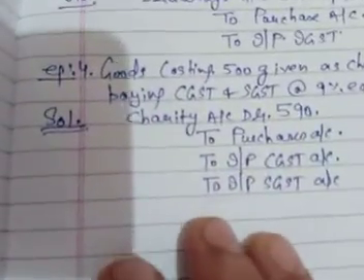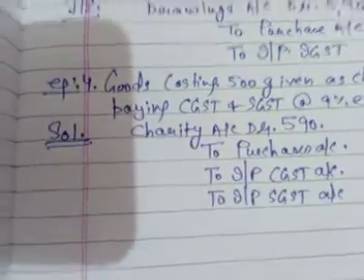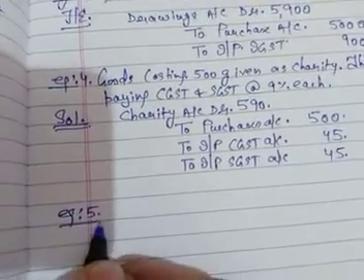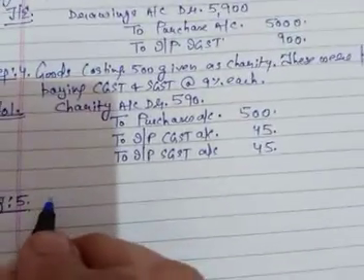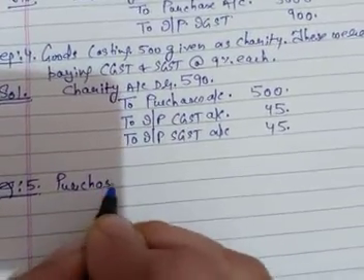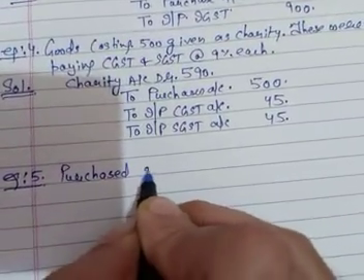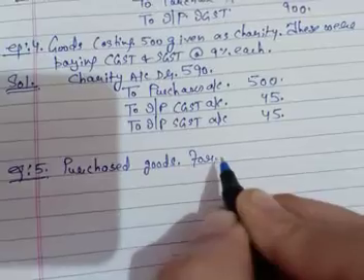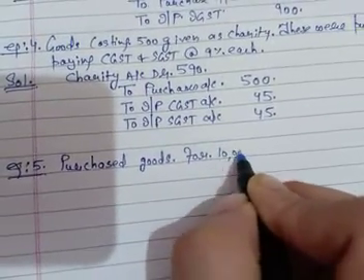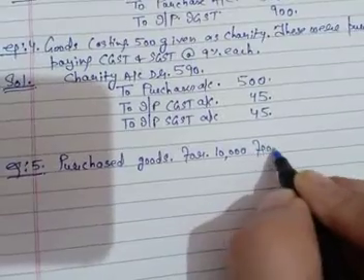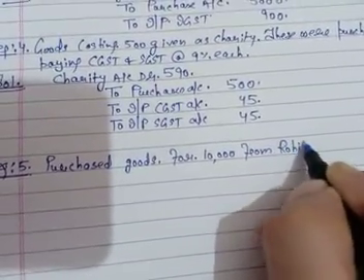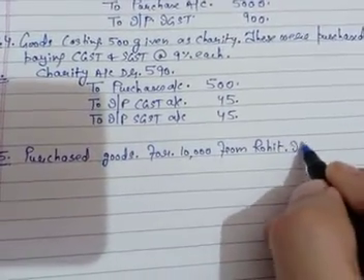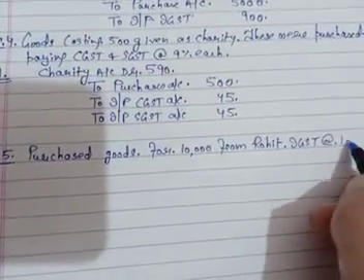Now the example is purchased goods for 10,000 from Rohit. IGST at the rate of 18%.